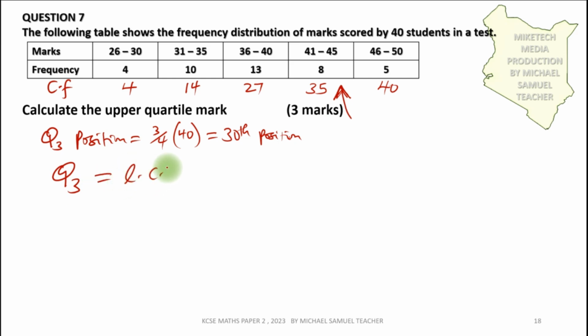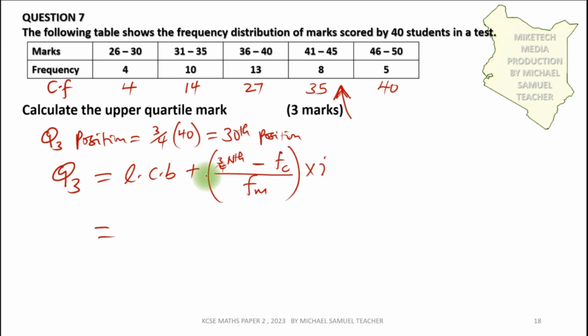Therefore, using the formula, lower class boundary of the upper quartile position plus 3/4 n position minus the cumulative frequency before the upper quartile position, divided by the frequency in the upper quartile mark, then times the class interval.